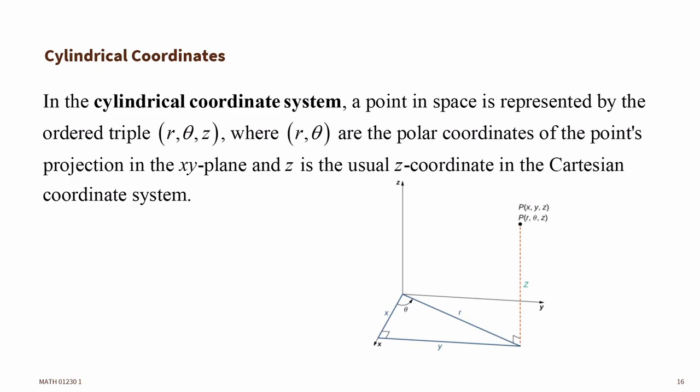And it is important that theta is being measured from the positive x-axis. Theoretically, there's no restriction on r, which I hate. So r can be negative, theoretically. I don't like that. I never use negative r. I always keep r positive.